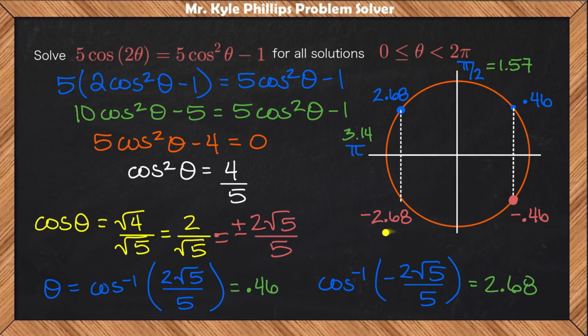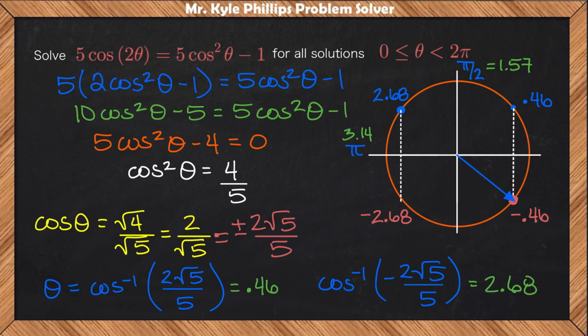Now, while these radians are correct, they don't fit in my domain. My domain has to be 0 or larger and smaller than 2 pi. Both of these are negative, so negative numbers are not going to fit. So what I need to think about is, you can imagine this like an earlier topic in pre-calculus. Here is the angle coming straight down from the x-axis, and now I have negative 0.46 radians.